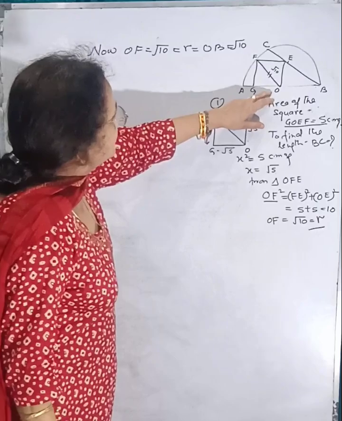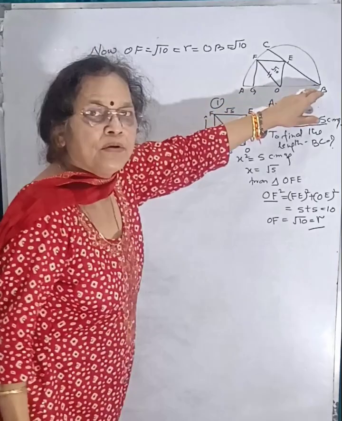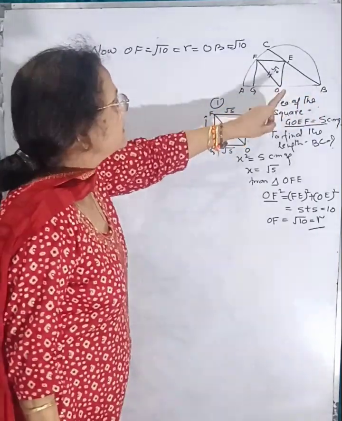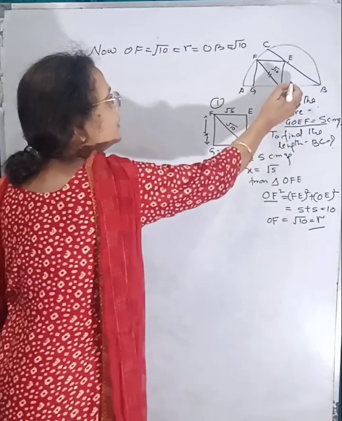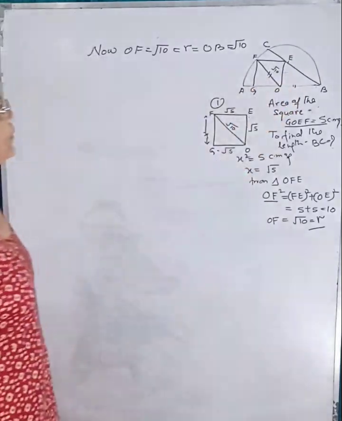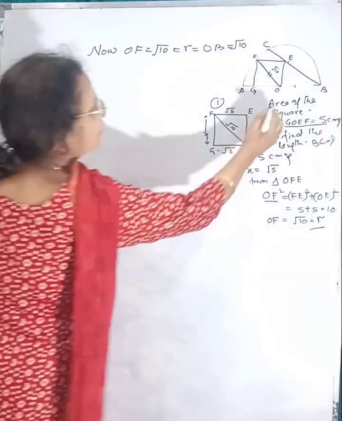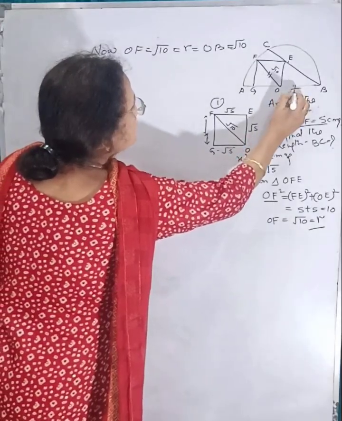Because OF is equal to root of 10, that is the radius, OB will be equal to it. That will also be root of 10, because it is the radius.